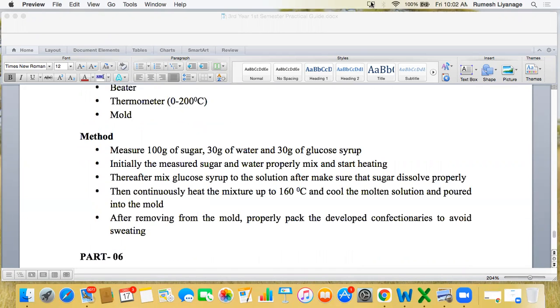Demonstrators will help you to develop these food products, and I hope this is a very good opportunity for you all, because the confectionery industry is a slowly developing industry, but we have a very good market. So you all can start your own confectionery industry by using different raw materials, right?